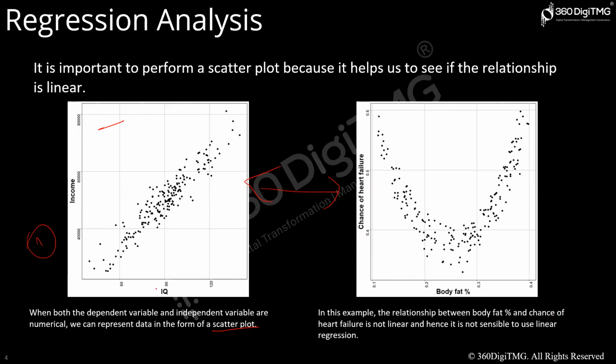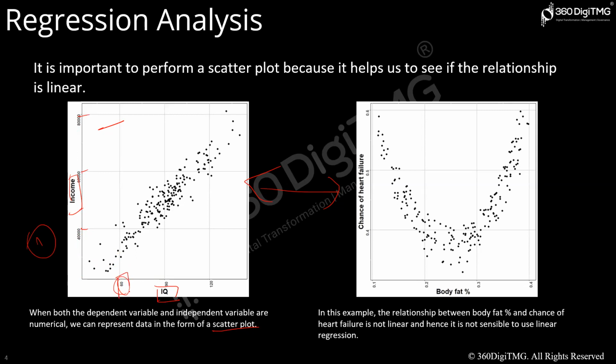Here, they have taken the example of the IQ and the income. You have your IQ as 60, and your income as 40,000, 60,000, and 80,000. So here it depends.